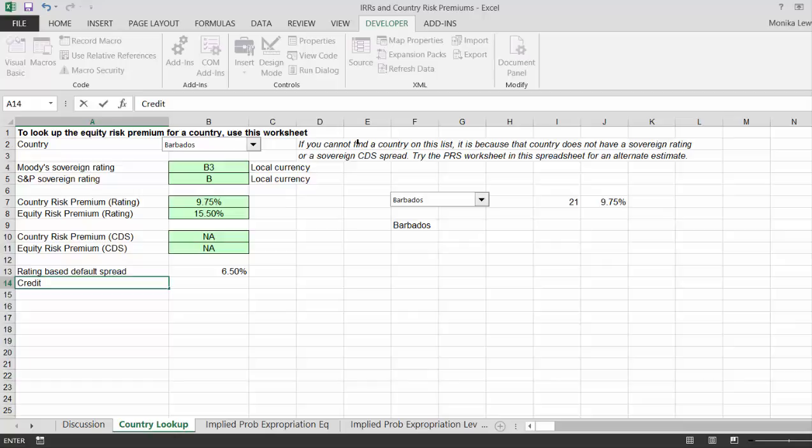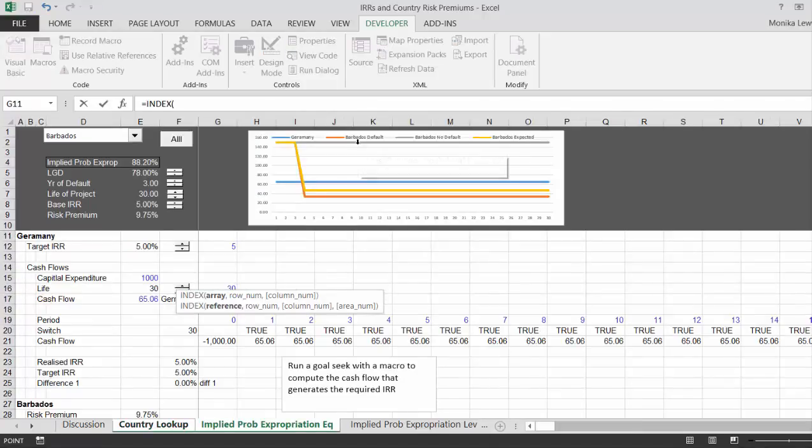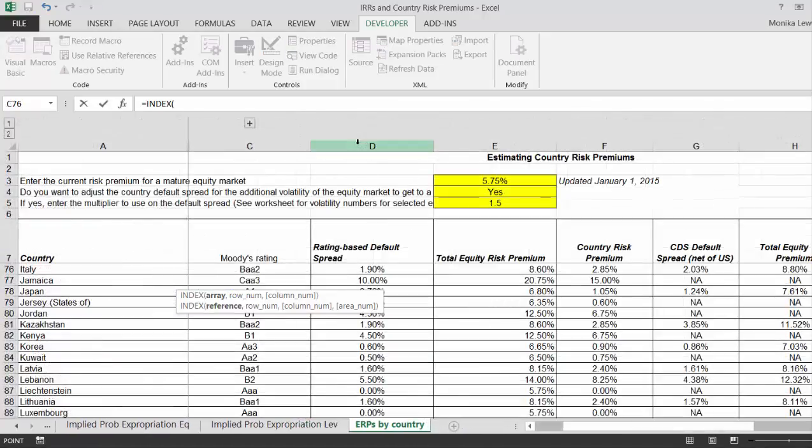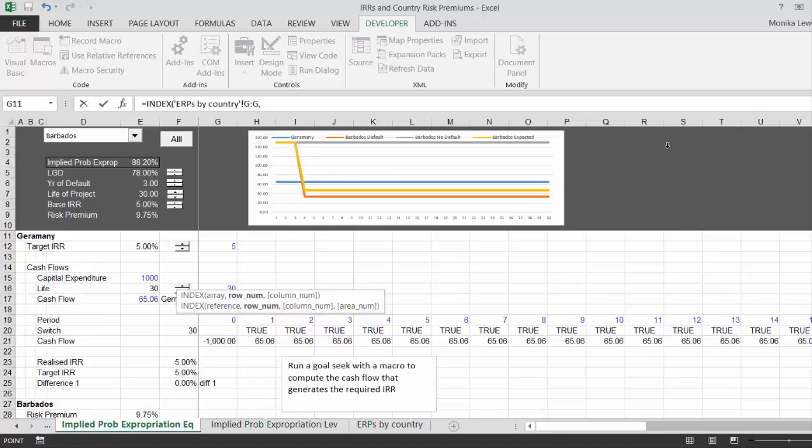We can write something called a credit default swap. We are so good that we can write this down. What a bunch of shit. Sorry. And we put that in.